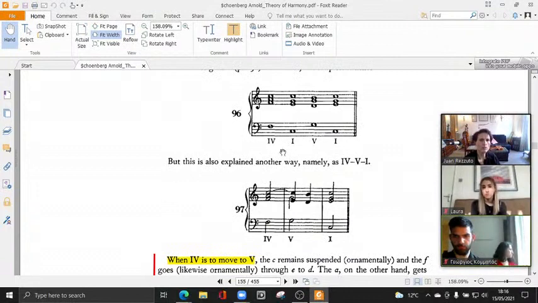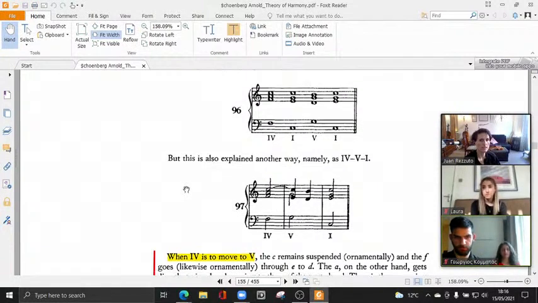So 4, 1, 5, 1, but this is also explained another way, namely 4, 5, 1. In this 4, 1, 5, 1, we transform this 1 into what we call an appoggiatura to the 5.